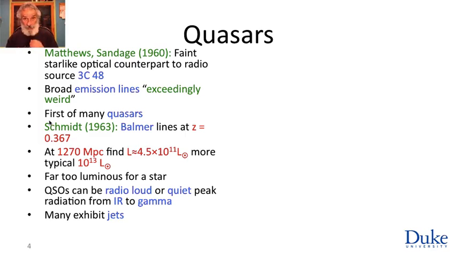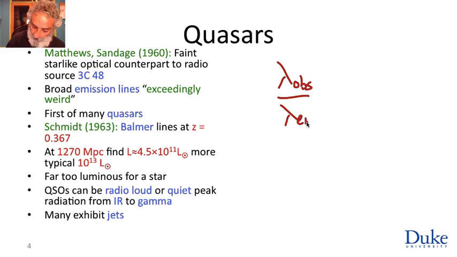This means that, remember, redshift is related to wavelength by the observed wavelength divided by the emitted wavelength equals 1 plus z, and all distances since emission have grown by this factor. That means in the case of 3C273, when the light was emitted, cosmic distances were about 3/4 their current size.